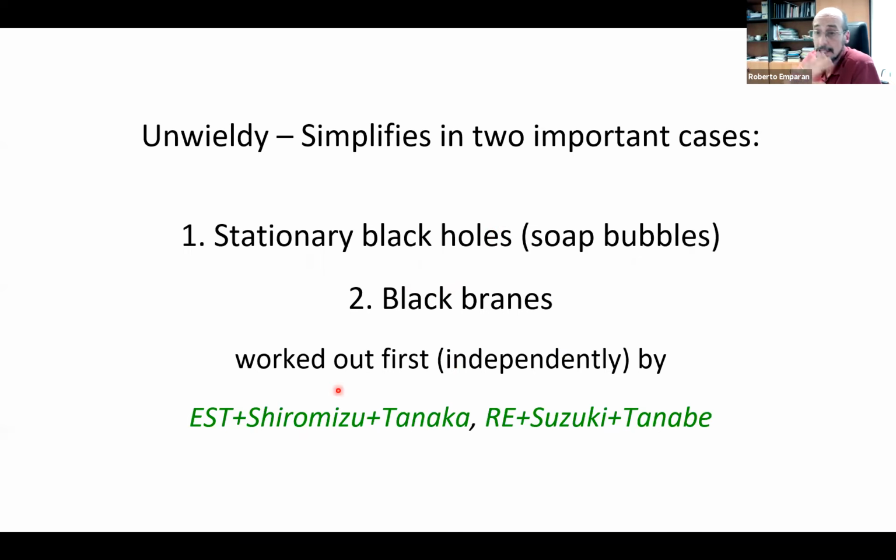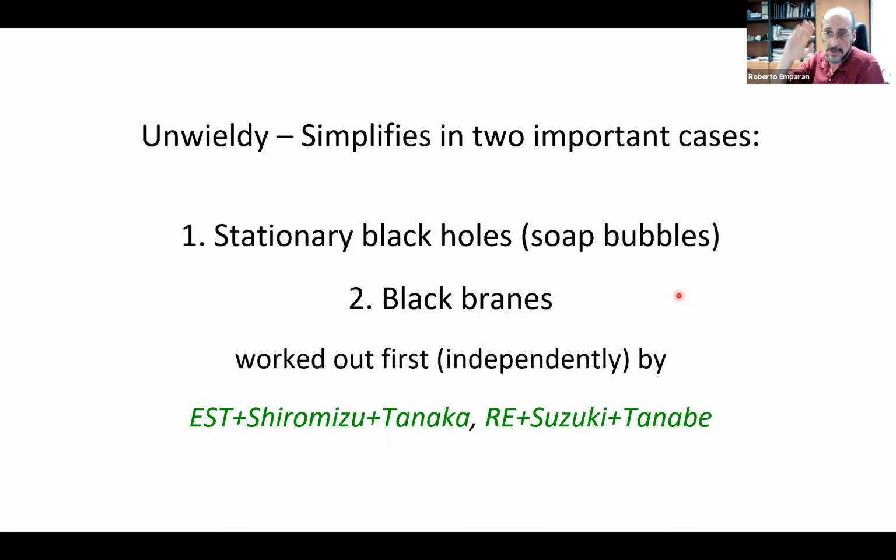Even if the approach of Bhattacharyya and Minwalla looks at first sight very different from what we did, at the end of the day the ideas are the same. The way that we derive equations, the setup, the choice of variables, gauges, and everything, we do in a different way, but we end up with the same set of effective equations at the end of the day.